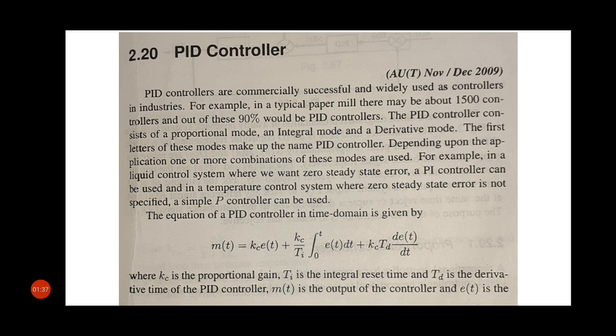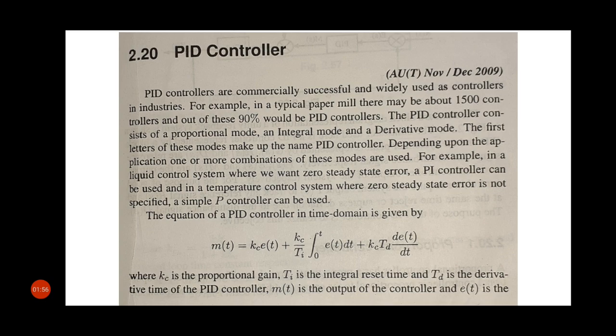So depending on the mode of operation, we can use different combinations of controller. That means we can use a P controller, PI controller, PD controller or PID controller depending on the mode of operation.